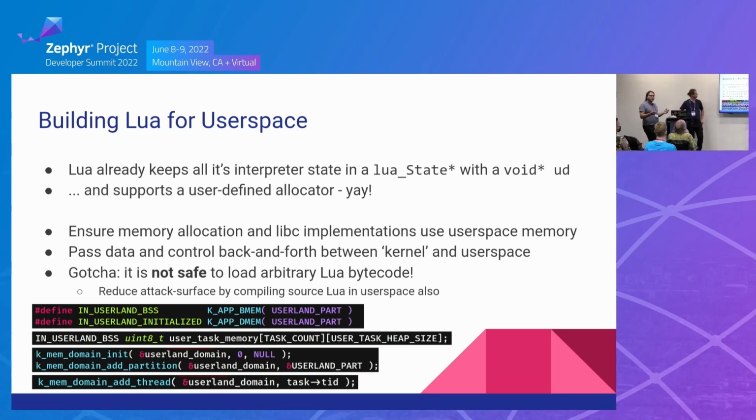The next step is making it so that we can run the Lua interpreter and compiler in userspace. The Lua interpreter is already designed so that it doesn't have global state, because they want you to be able to have multiple interpreters in one C process. Maybe you're using it for game scripting and you want one interpreter per baddie or something. So it already carries all of its data around in an opaque struct and has a user data pointer for you to use.